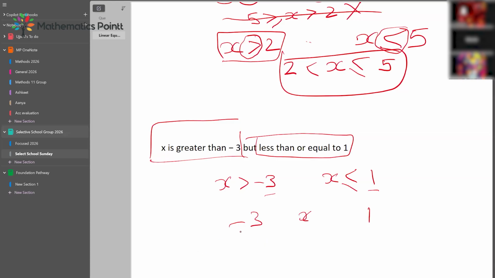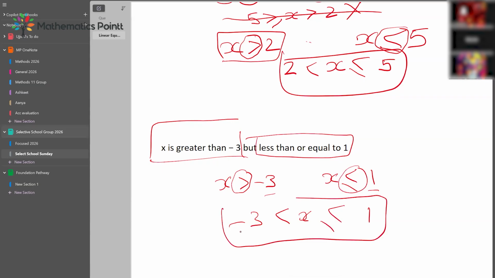I'll put my X in the center. And then I say, okay, the mouth is open towards X. Let me open it towards X. And the mouth is open towards 1. That is the representation. Anyone who's not clear with this, this is a very, very simple and sweet concept. Everyone's fine, right?